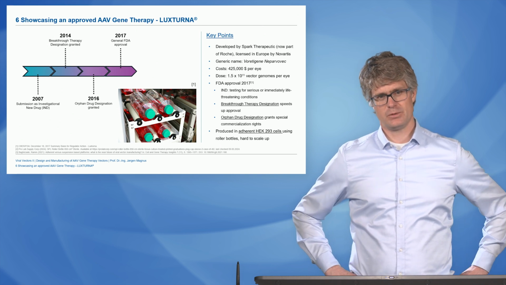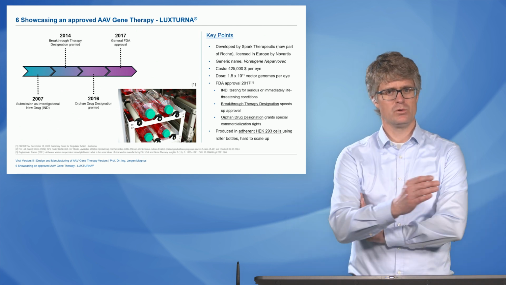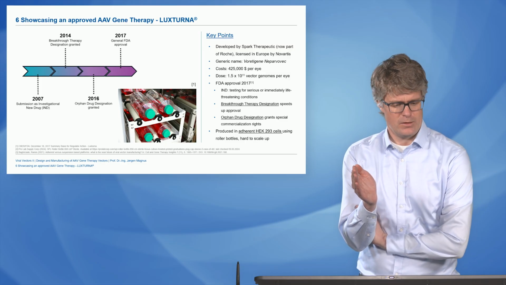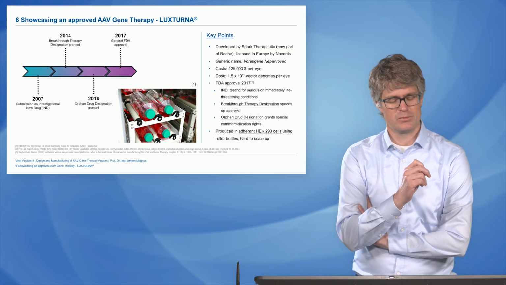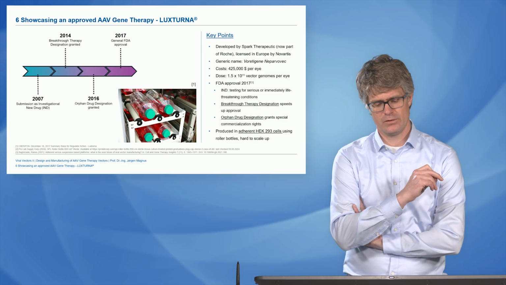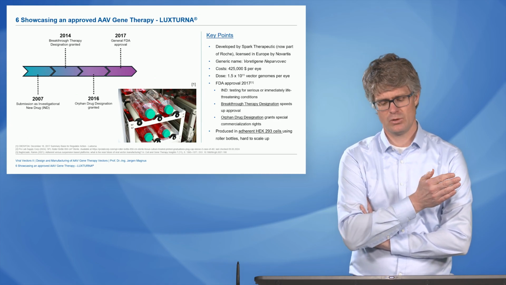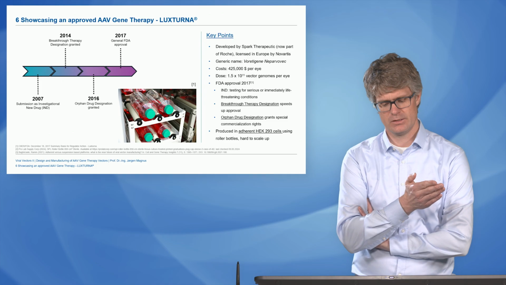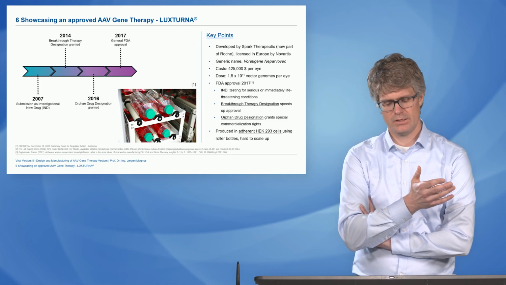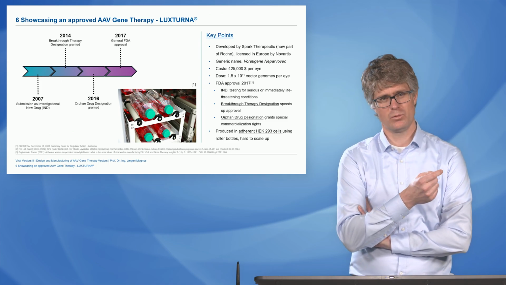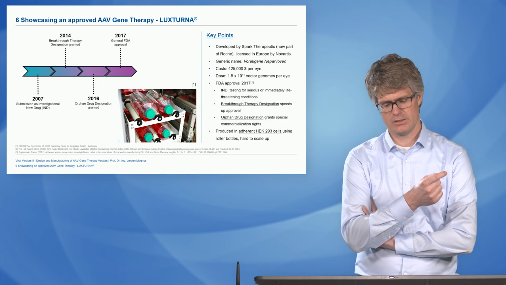In other gene therapies, where you go up to, for instance, 1.1 times 10 to the power 14 virus genomes per kilogram of patient, and maybe you have a grown-up patient, you would need really orders of magnitude more material to treat that patient.